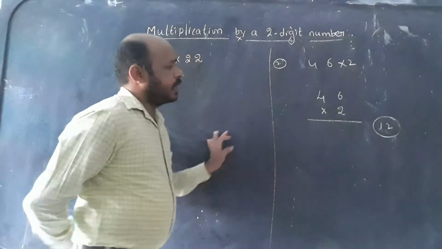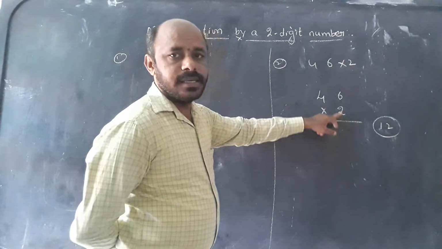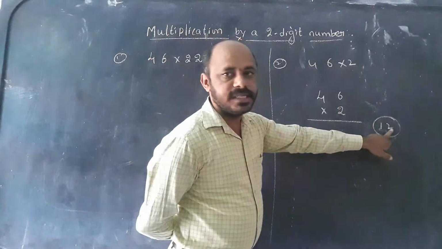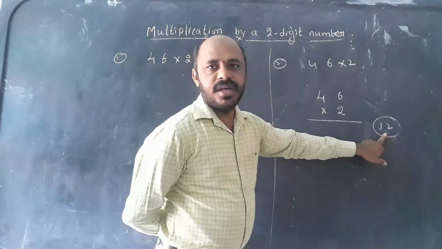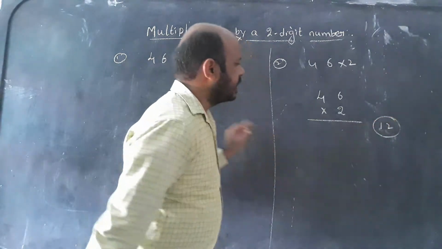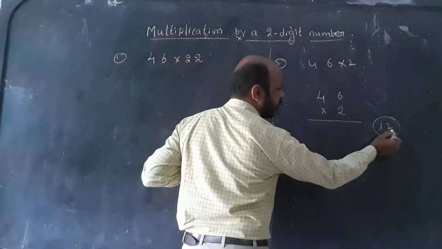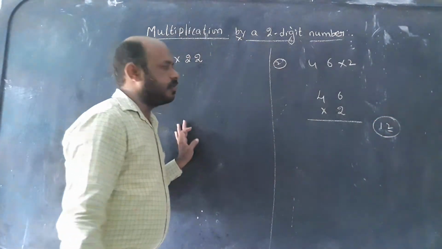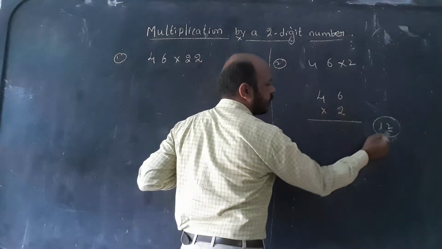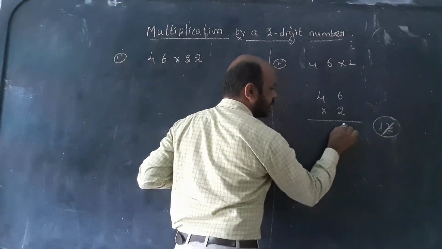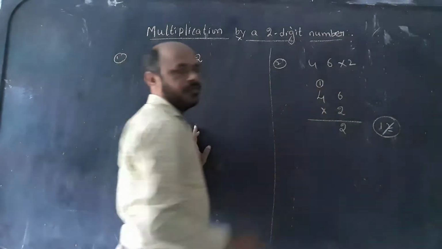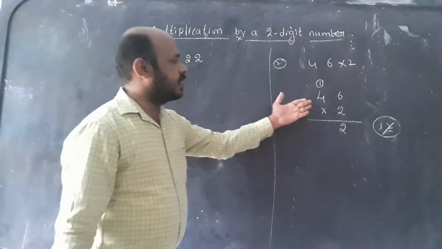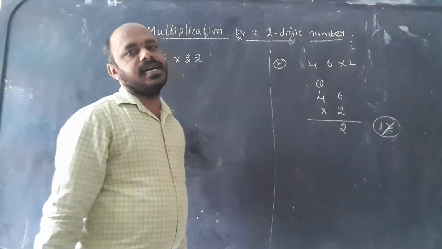Children, here we multiplied only the ones place, but we got a two-digit number, meaning both ones and tens places. We can't write both. We write down the first digit, the ones place digit, and the second digit is carried forward to the number before it. The number before is 4, which is in the tens place.